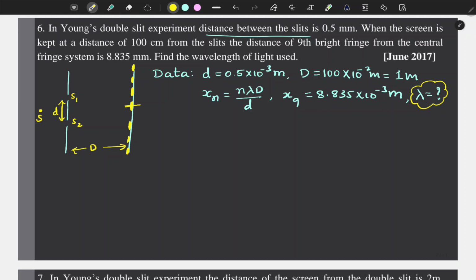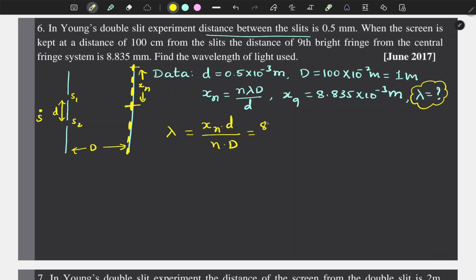Now xn is given, n is given, capital D is given. So if we substitute the data and calculate the lambda value, you will get xn into small d divided by n into capital D. What is xn? Distance of ninth bright fringe on the screen, you can consider it as y also.